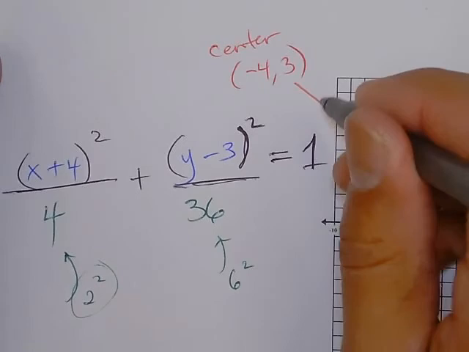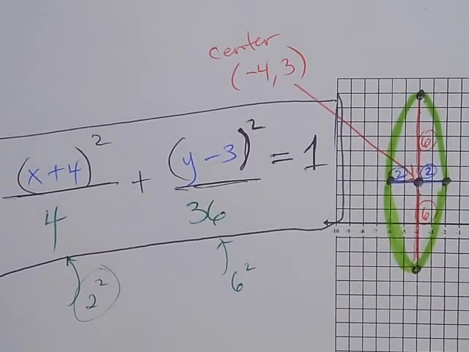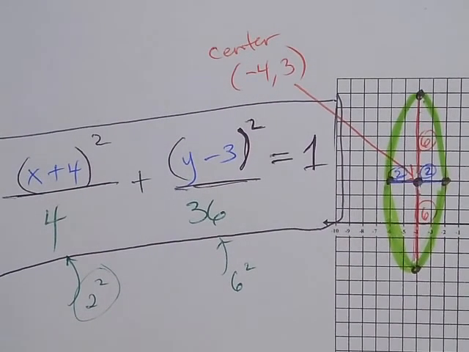Because y, how much did I have to go up and down on y? 6, but you have to square it. Okay? Okay, we got it? That's going to be the assignment today. So let me stop this video here.